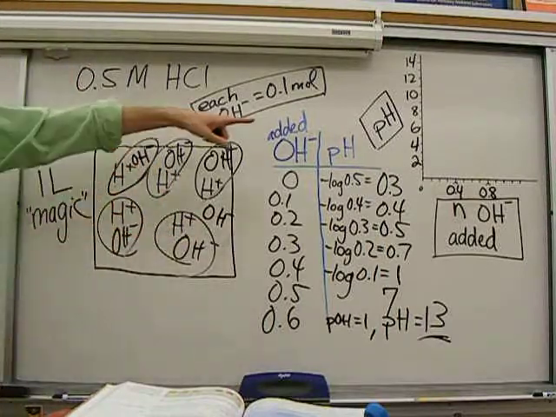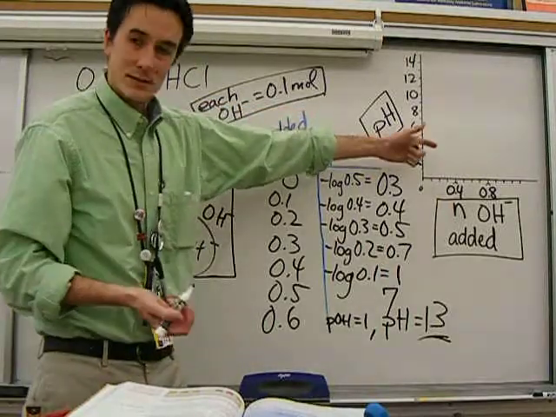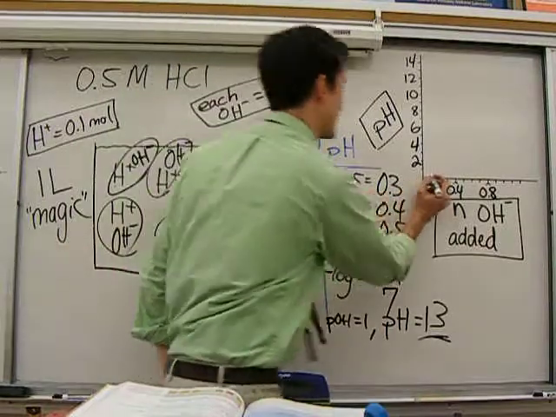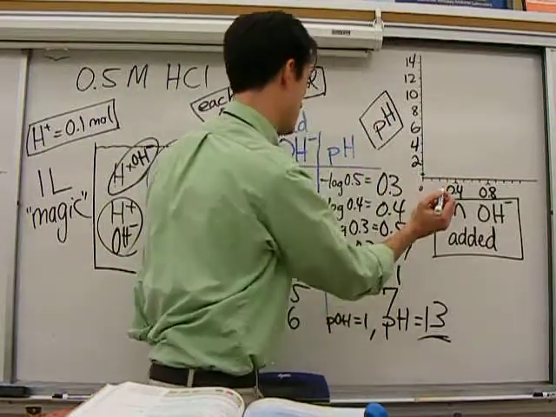So let's plot this a little bit. Plot this on this graph over here. We got 0.3.